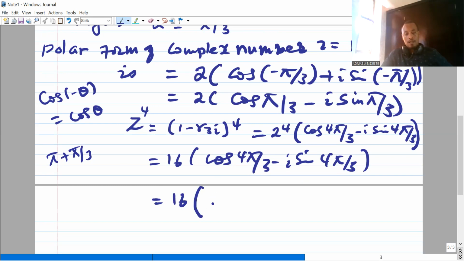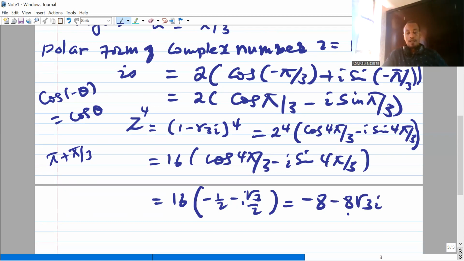So this is given by 16 cos of 4 pi over 3. Cos of 4 pi over 3 in the third quadrant is negative, which is 1 over 2, minus. And this one is root 3 over 2. Which is given by minus 8 minus 8 root 3 i.